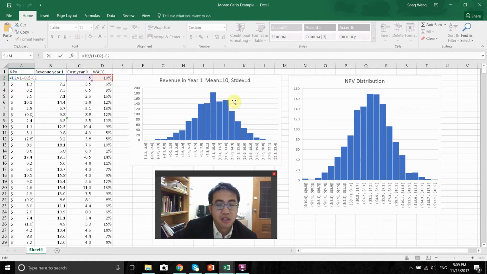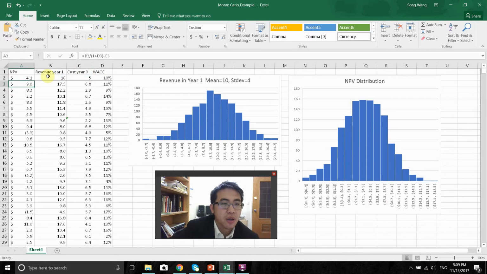Ignore the change of these charts, because each time I click, the charts will change because it regenerates the simulation another time. The NPV is basically the revenue you make divided by 1 plus the discount rate, which is WACC, then you deduct the cost you spend in the first year.